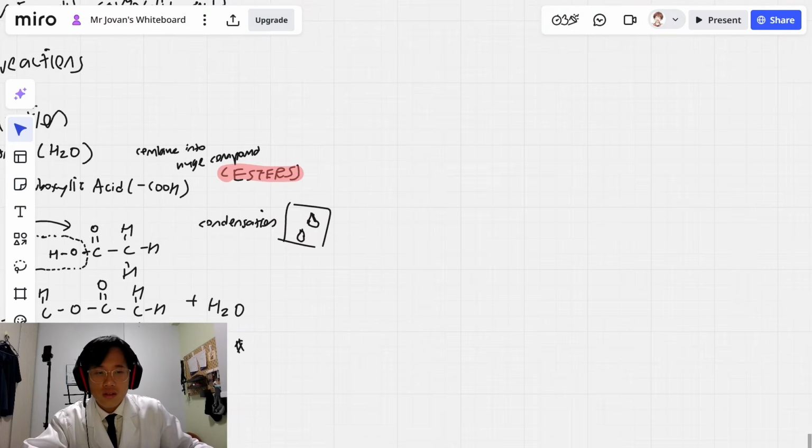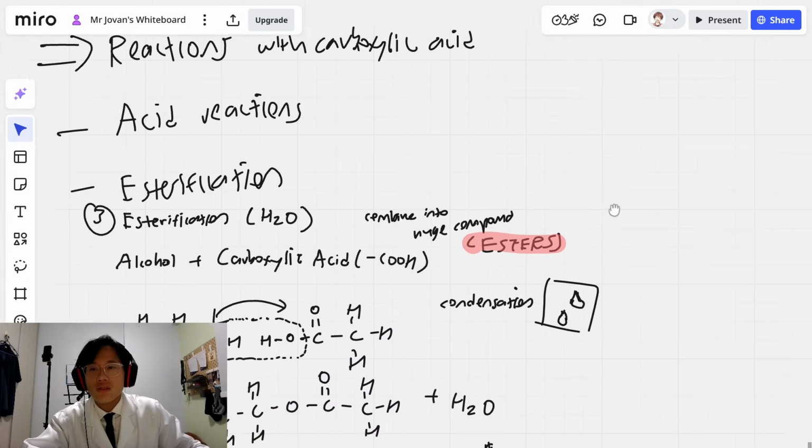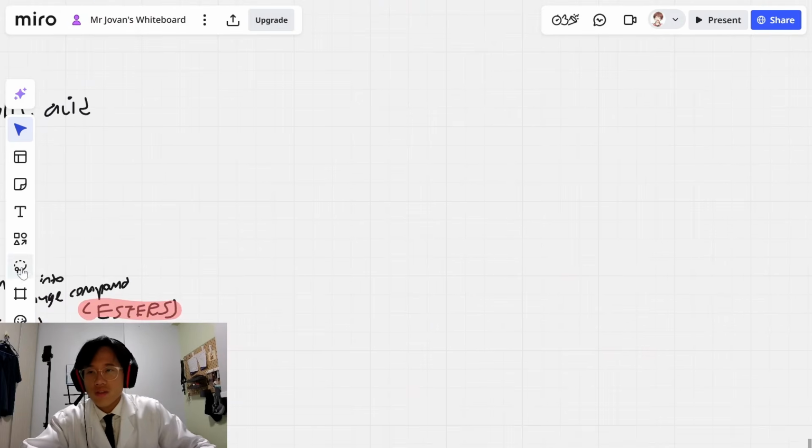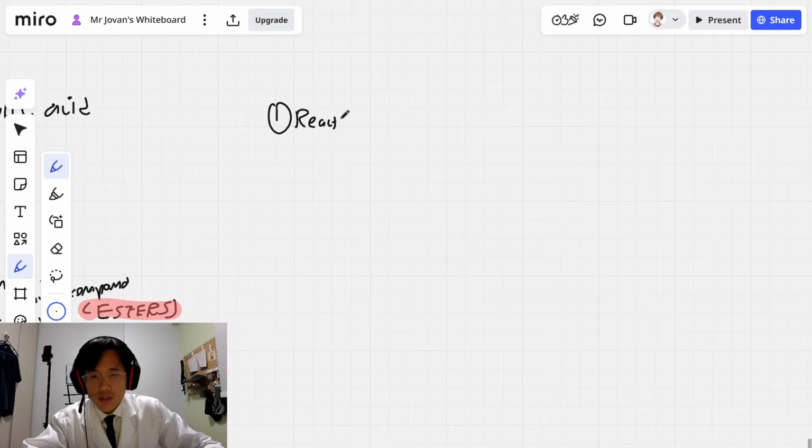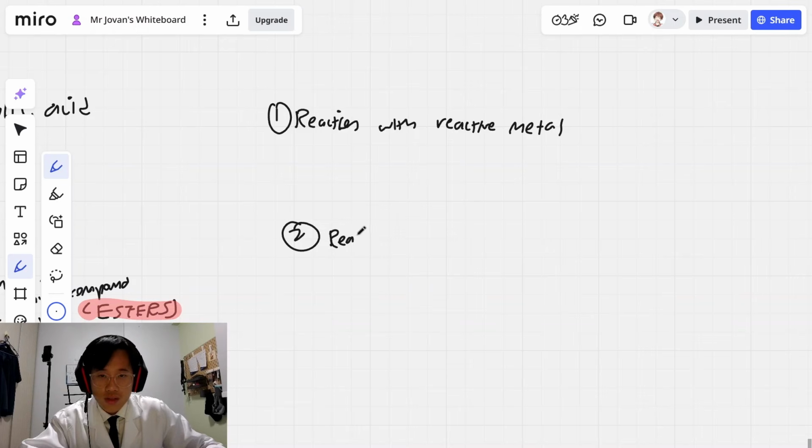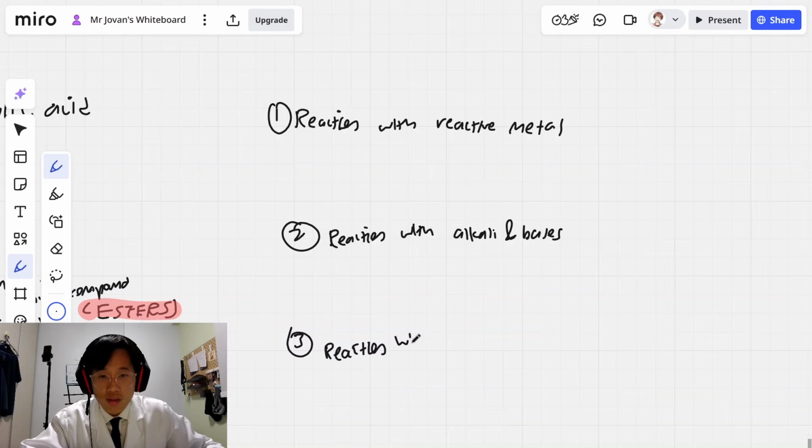One for acid reactions. Okay, there's three types of acid reactions. Reaction with reactive metal, reaction with alkali and bases, reaction with carbonates.